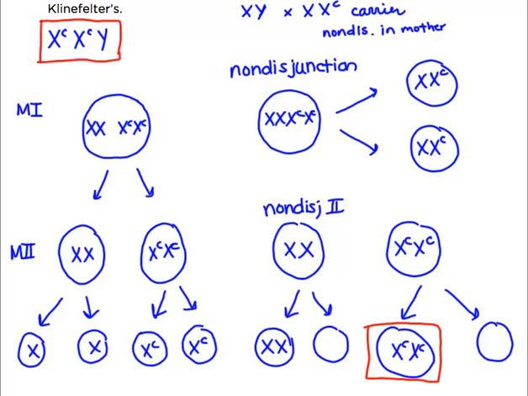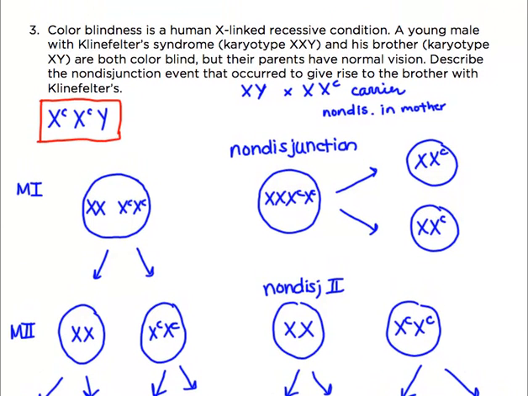So therefore you know that the non-disjunction event that occurred was non-disjunction 2 for meiosis 2, and it occurred in the mother.